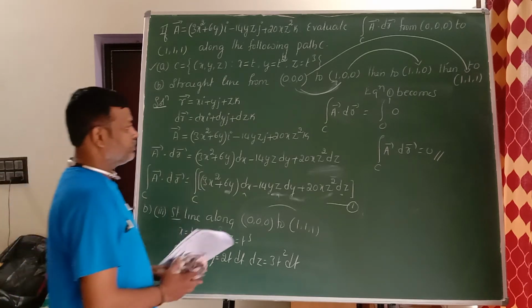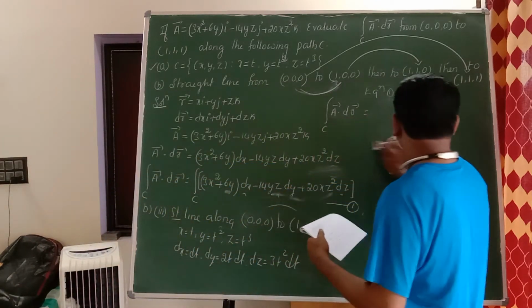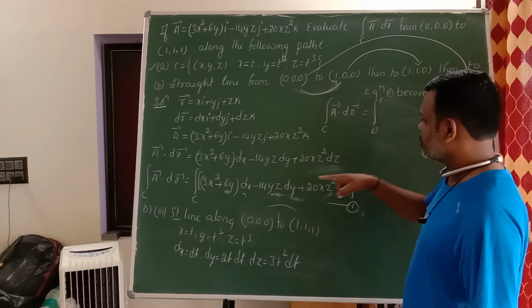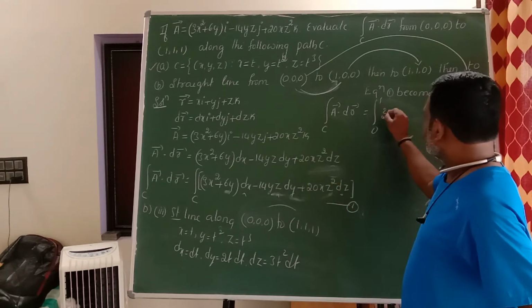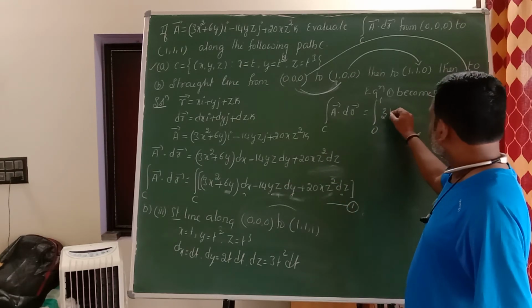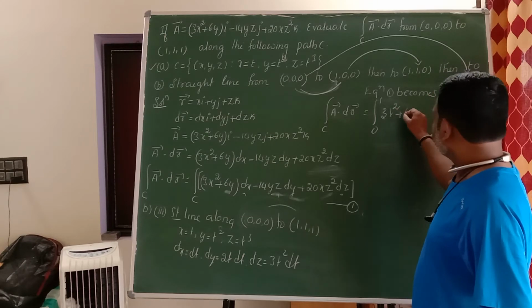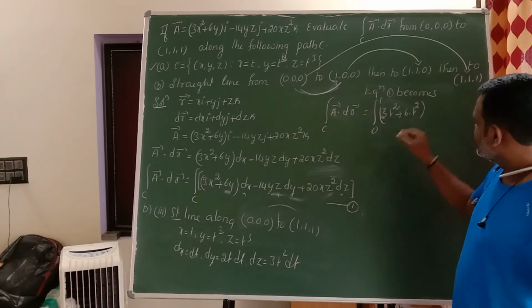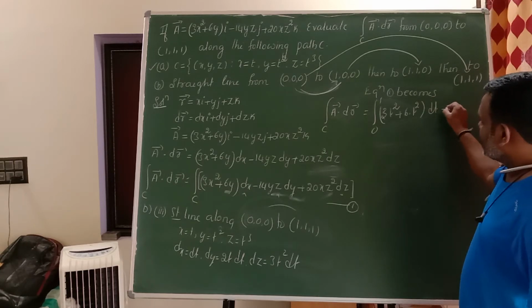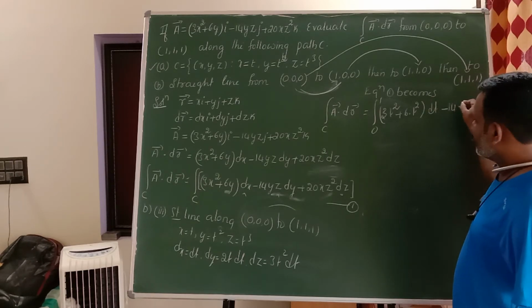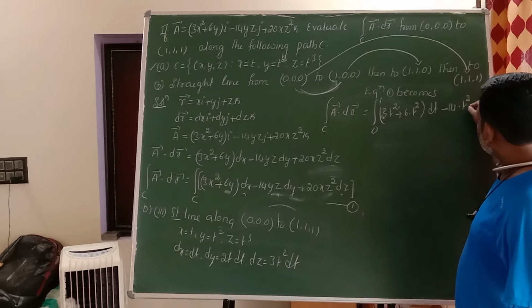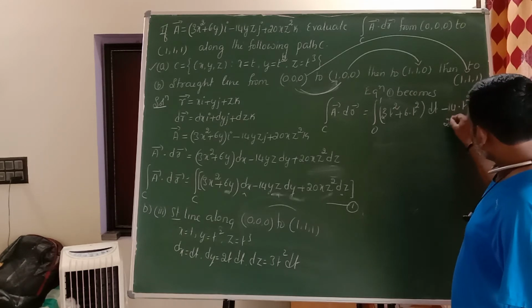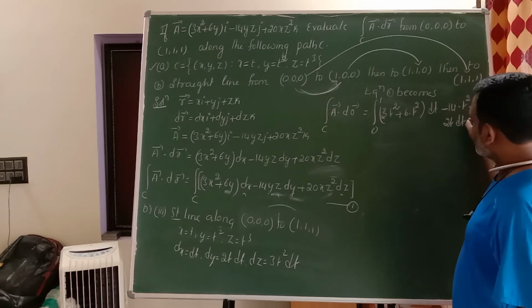Equation 1 becomes, this is a lengthy one. So integral from 0 to 1, substitute here: 3 into x is t, so 3t square, plus 6 into y is nothing but t square, into dx is nothing but dt. Minus 14 y is nothing but t square, z is nothing but t cube, into dy is nothing but 2t dt.